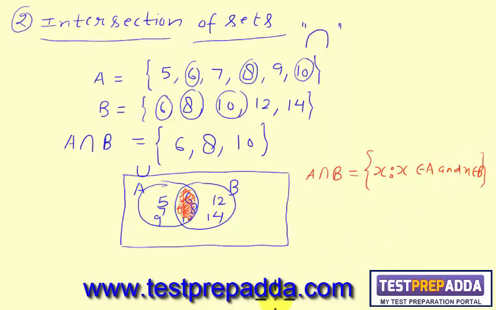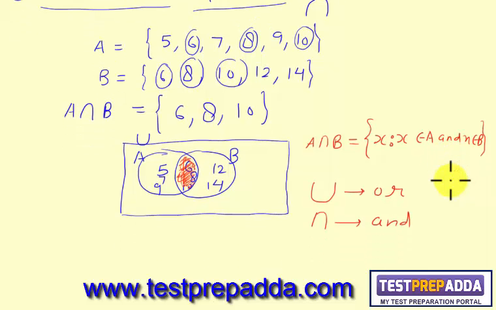And please note, in case of union, it was OR, and in case of intersection, it is AND. A intersection B is equal to the set of all values of x such that x belongs to A and x belongs to B. So those elements which are common to A and B.